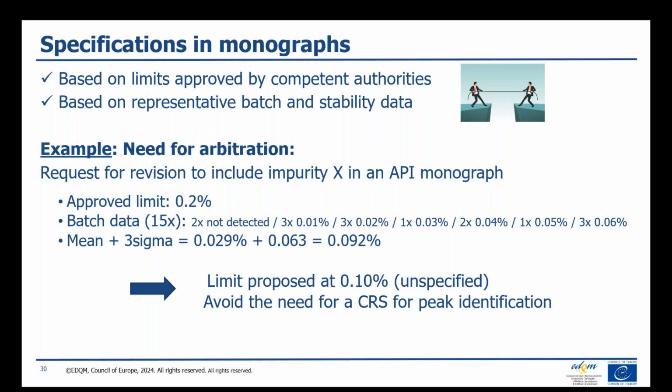So we will calculate the mean value plus 3 sigma, and based on this value, here we obtain 0.09%, we will set the limits. As this value is below 0.10, we will propose in the monograph to set a limit of 0.10% for this specific impurity. And this will also have an advantage because in this case, we don't need to establish a CRS to identify this impurity.